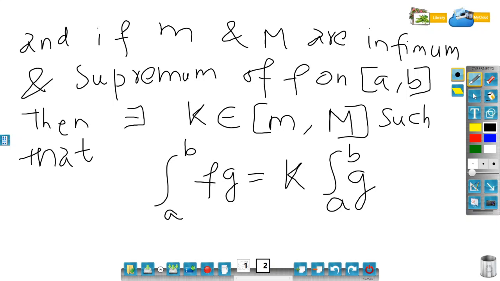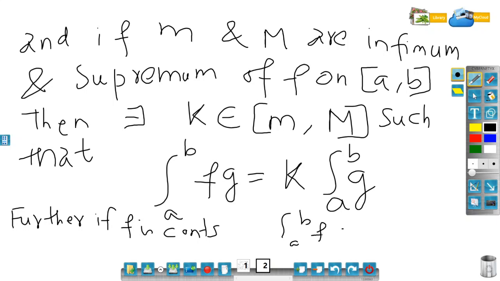Now further, if f is continuous, then this theorem can be written in a better way. It says that the integral a to b of f times g is nothing but, instead of k, f at c times the integral a to b of g. Why is this so?